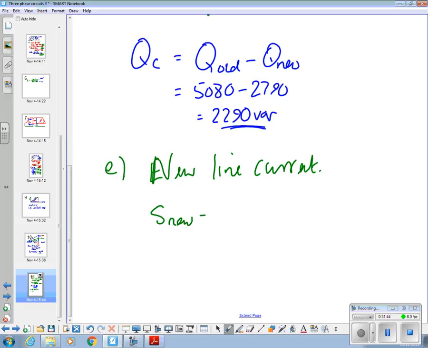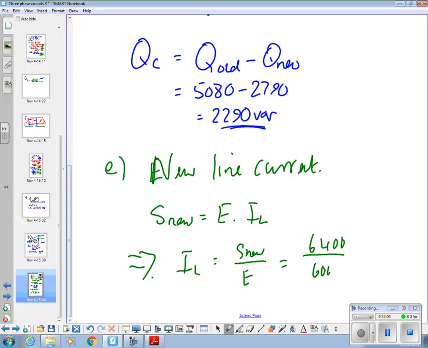S new is equal to E times I line, which rearranges to the new I line is equal to S new over E. 6400 over whatever the voltage was, 600, equals 10 2/3, isn't it?